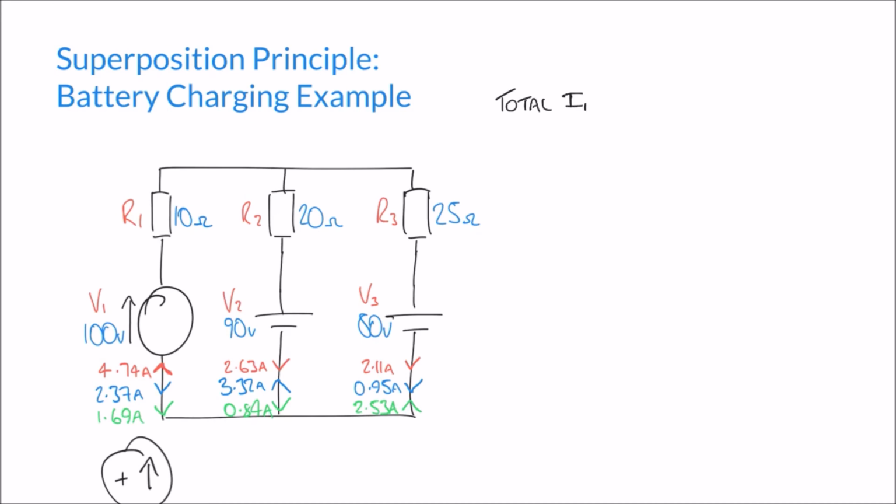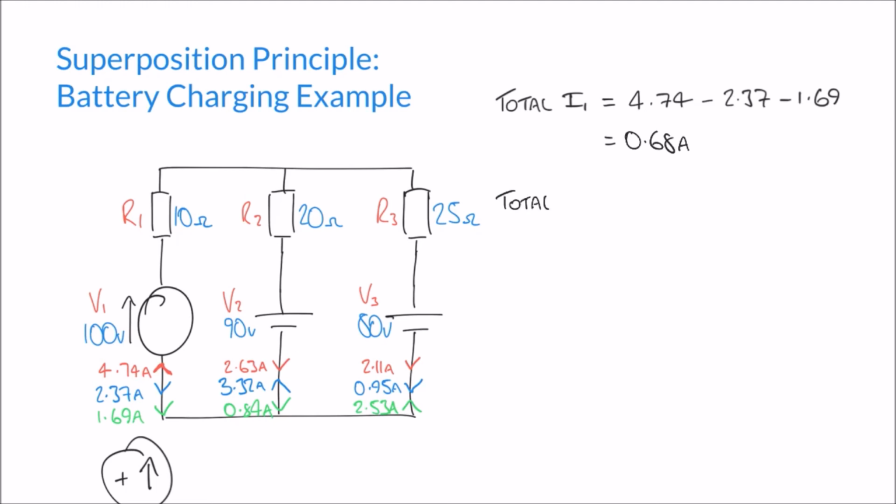Anything upwards is positive, anything downwards is negative. So that would be 4.74 as a positive, minus 2.37, minus 1.69. And that gives me a total I1 of 0.68 amps. I can determine a total I2 very similarly.